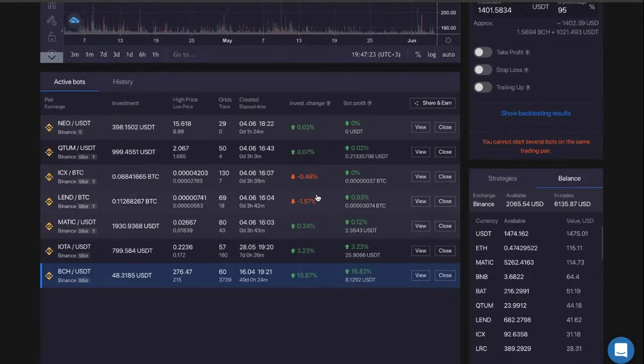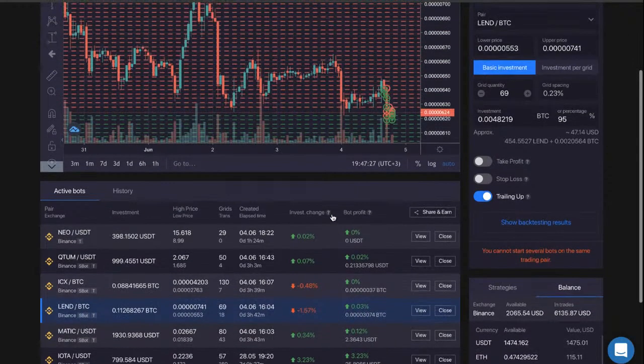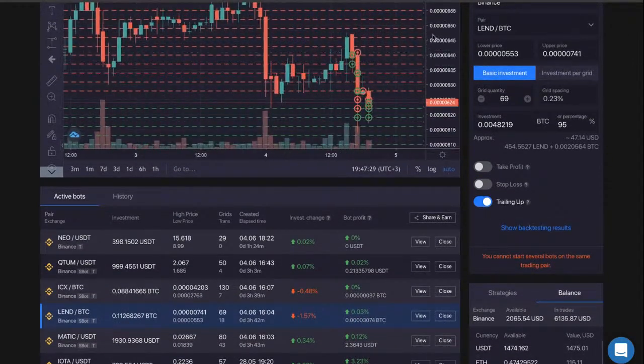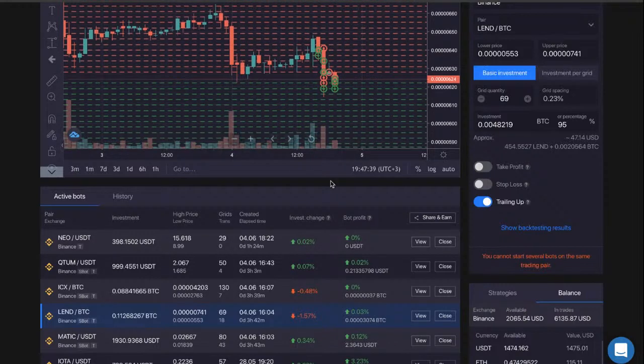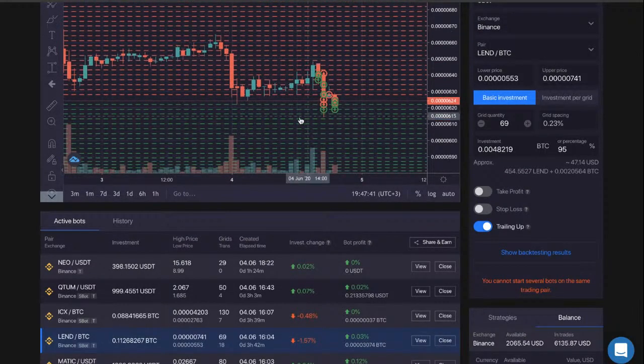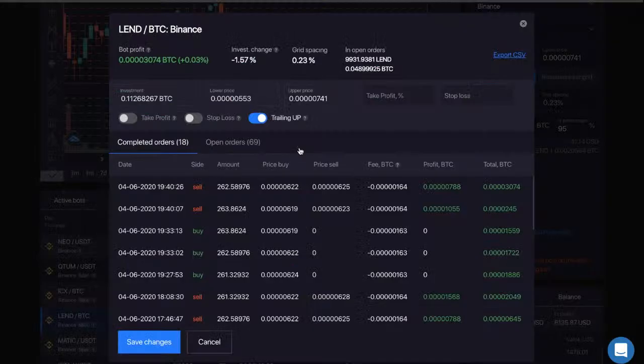Otherwise, like here, let's say in this example, Lend trading to BTC, you see that the price started to move downwards, so it has accumulated some profits, but the investment changed because the value of the base currency is now depreciating, and I have some base currencies currently in open orders here.